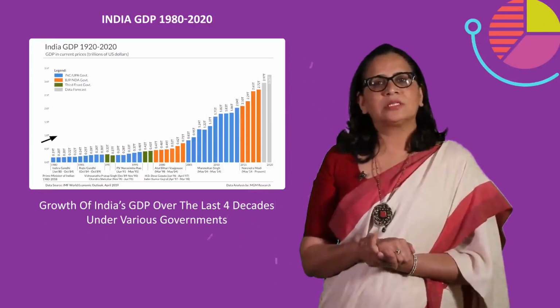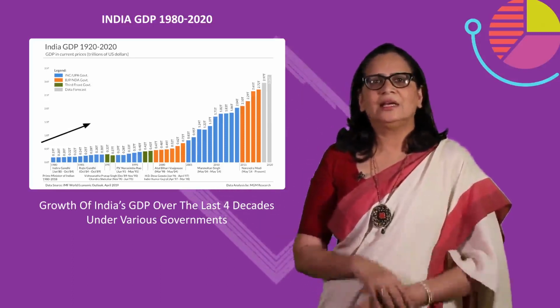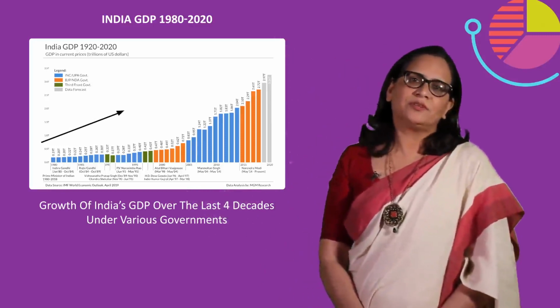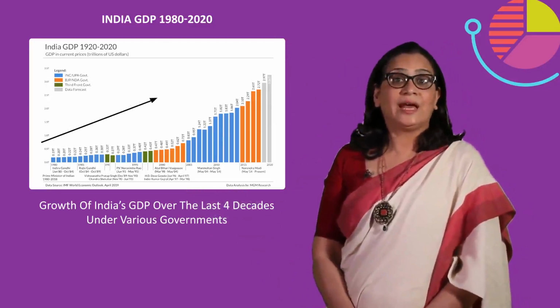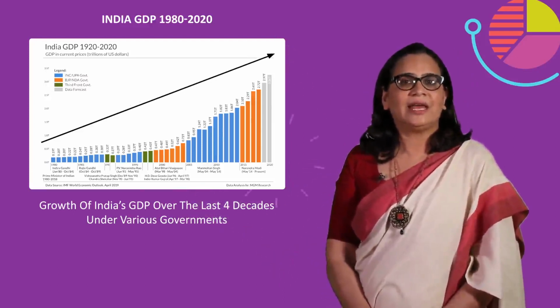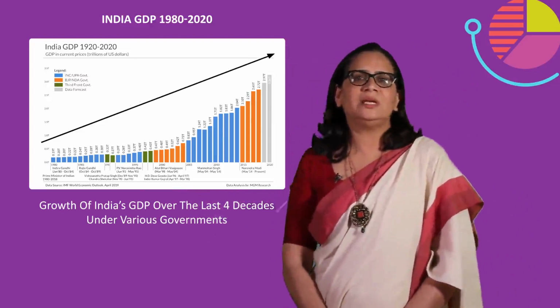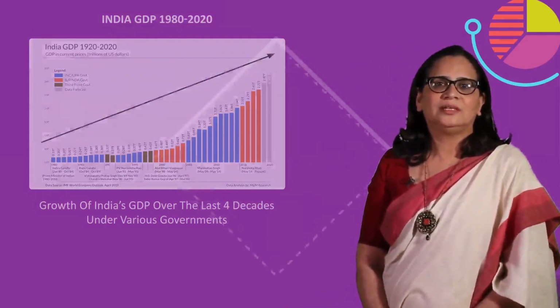Figure 1 below shows the growth of India's GDP over the last 4 decades under various governments. This growth was slow post-independence until the 1990s. You may have heard disparaging comments about a Hindu rate of growth. Post-liberalization, that growth has accelerated significantly, as the chart shows you. Surely you've heard recent talks in the media of how to achieve a $5 trillion economy.